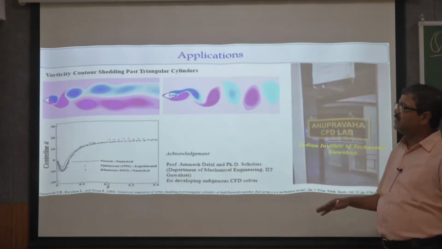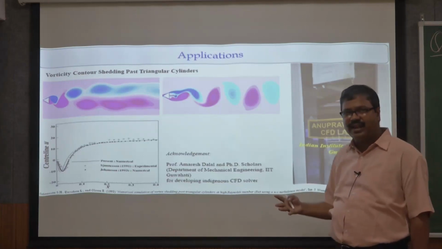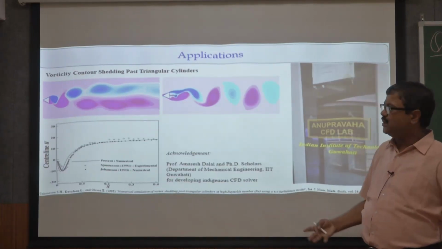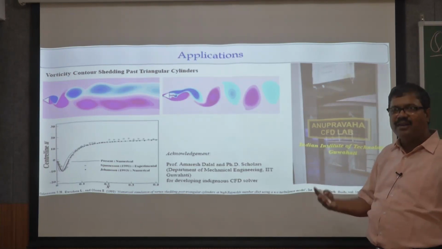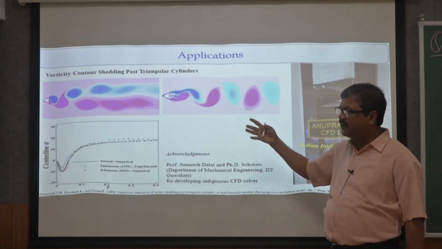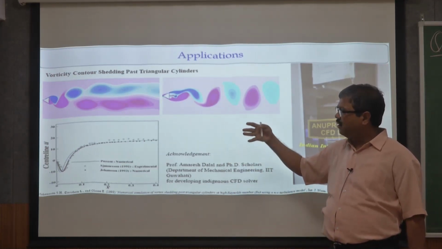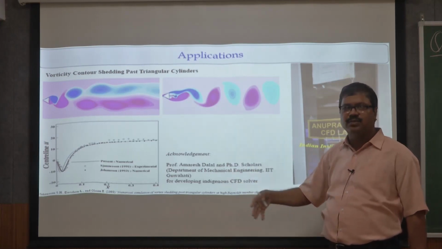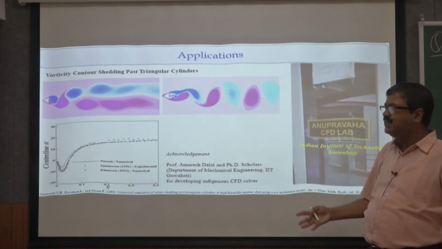So with the advanced flow visualization and experimental techniques available today, we can study very interesting flow problems. We can visualize the streamlines, streak lines, pressure distributions, velocity distributions and acceleration distributions, the whole field.